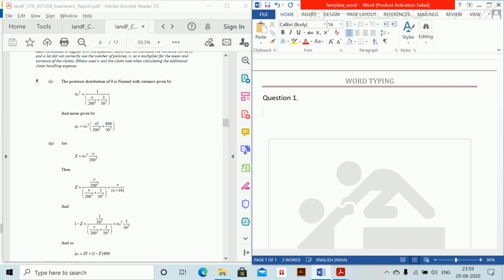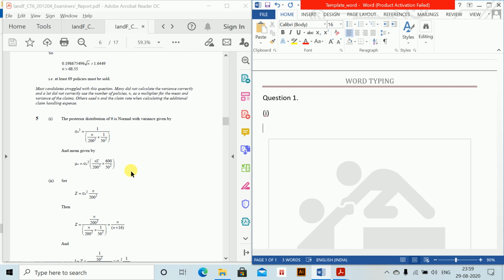Question 1, we have the posterior distribution. So, part 1 first, just zoom in a little.